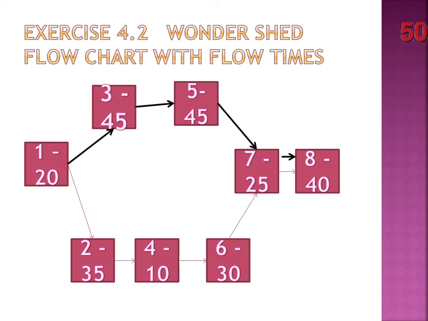And so, all right, then Blake, what's the impact on the flow time of the process if the flow time of activity 2, which is here, right, is increased to 40 minutes? So if I increase this by 5 minutes, what's the impact on the flow time?